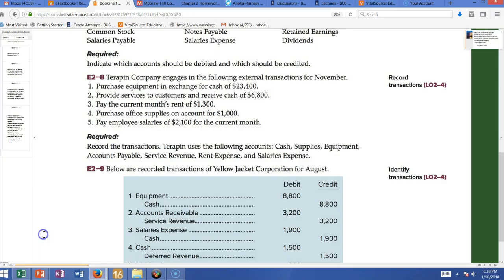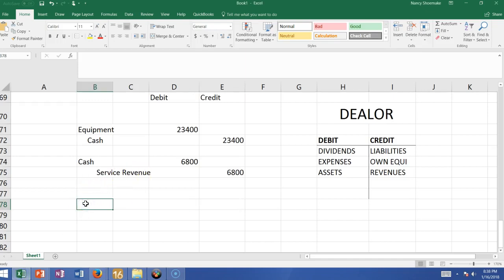Next, pay the current month's rent of $1,300. Cash, credit, utilities, expense. And what? Rent expense. So we will debit rent expense of how much? $1,300. We credit cash of $1,300.